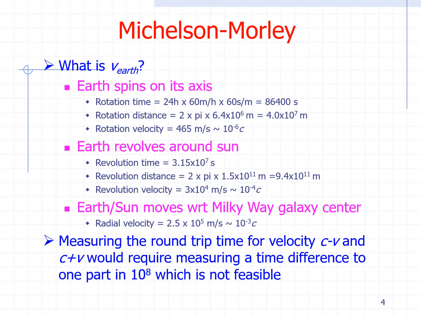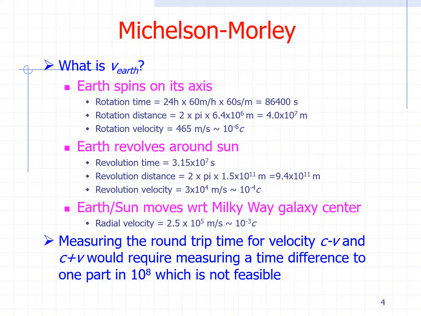But if we talk about its axial motion, earth is spinning about its axis. Since these are two cases, their rotation time, distance and velocity will be different in both cases, whether we are talking about orbital motion or spin motion.